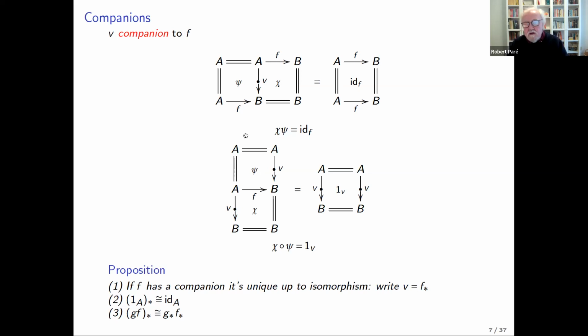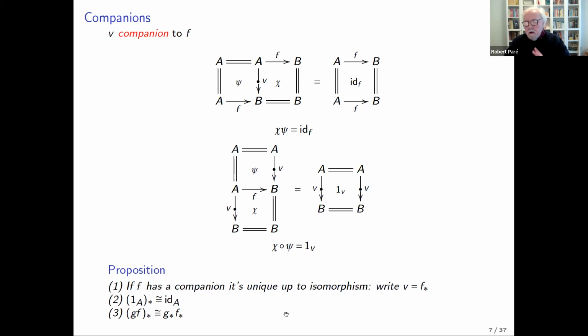So we're thinking now that V is the same or isomorphic, in some sense, to F. Okay. Now, companions may or may not exist in any double category, but if F has a companion, then it's unique up to isomorphism. The identity always has a companion, namely the vertical identity, and companions compose.